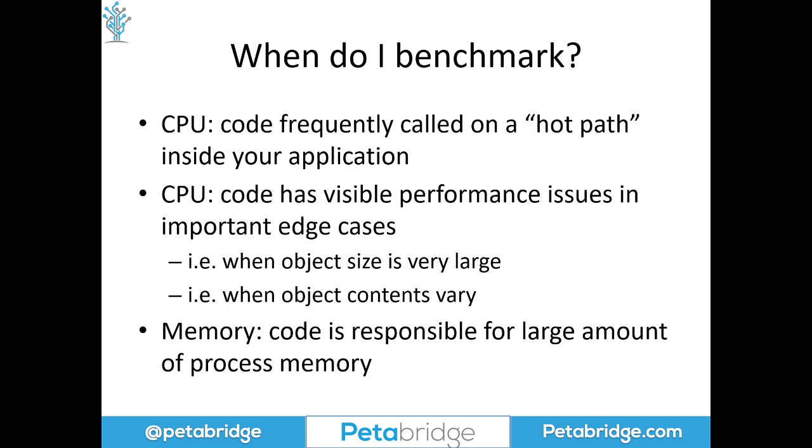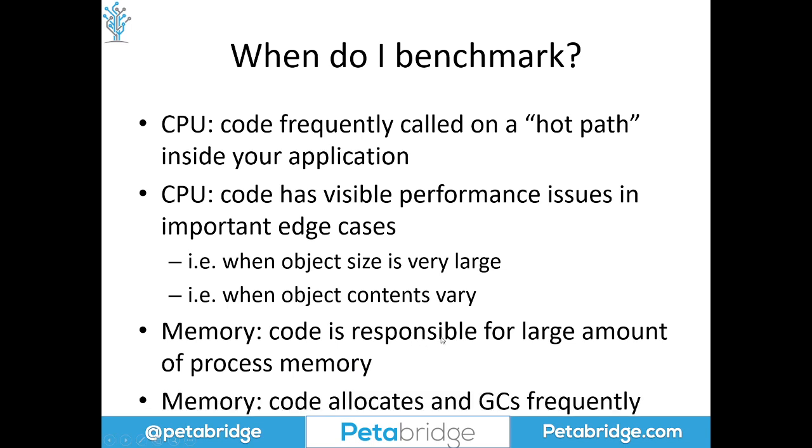There we go. So you might end up having some problems with the total amount of memory that's being consumed behind the scenes. Finally, the last thing we want to take a look at for doing benchmarking is code that allocates and gets garbage collected frequently. This not only creates memory pressure inside your system, but it also contributes to decreases in CPU, because the garbage collector requires a reasonably large amount of resources to run behind the scenes.